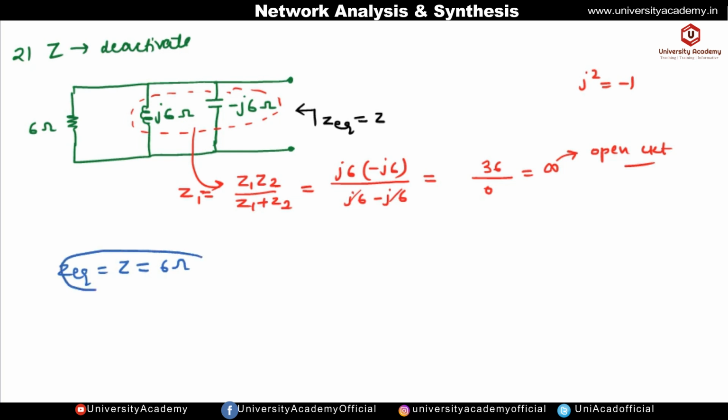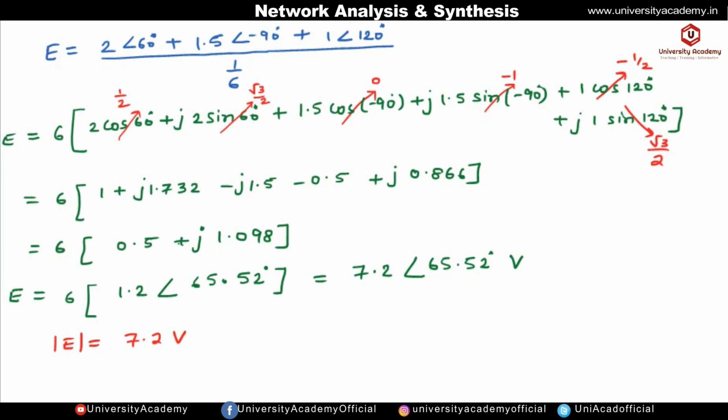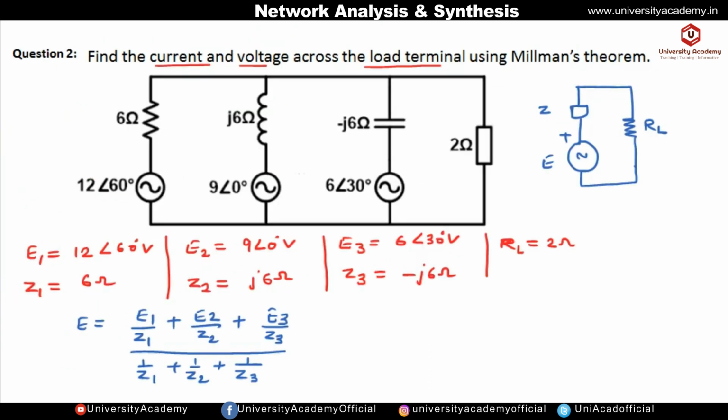So now we have obtained the value of Z also, and also we have obtained the value of the equivalent voltage source, that is E value 7.2. Now we have to obtain the current and the voltage across the load terminal, that is across 2 ohm. So let us draw its equivalent circuit, which will consist of impedance Z. Z we are getting only pure resistance, so Z value is 6 ohm.